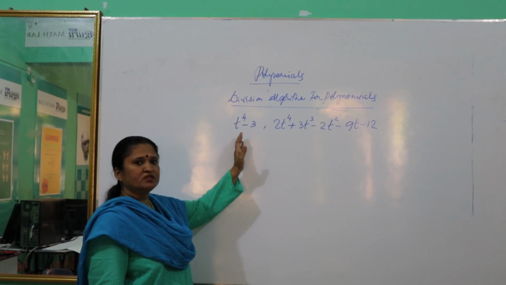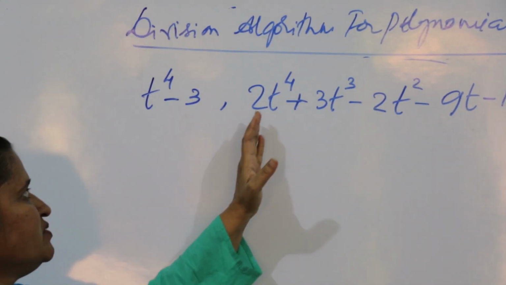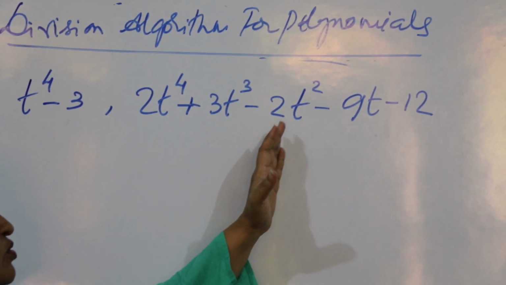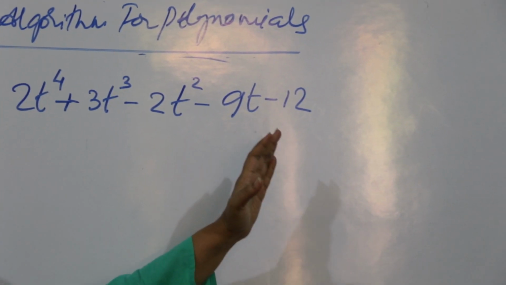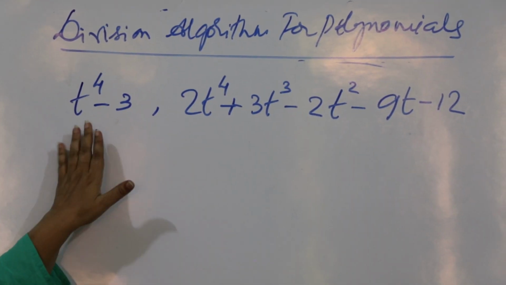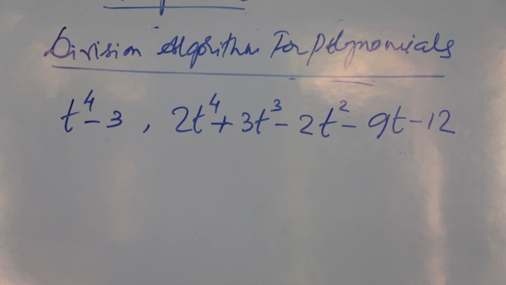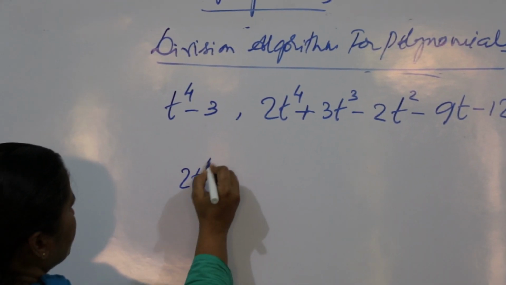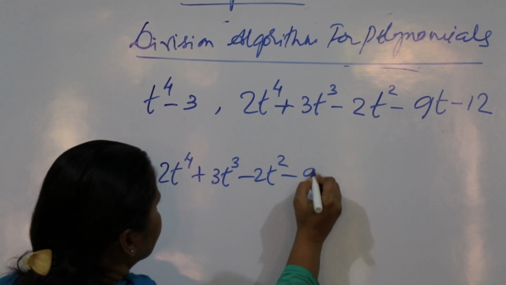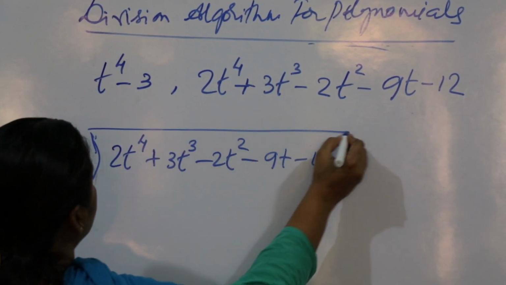Here we have been given two polynomials, t raised to 4 minus 3 and 2 times t raised to 4 plus 3 t cube minus 2t square minus 9t minus 12. This is another polynomial. Now, to check whether the first polynomial is a factor of the second polynomial, we have to do division of this p of x using the first polynomial as g of x.